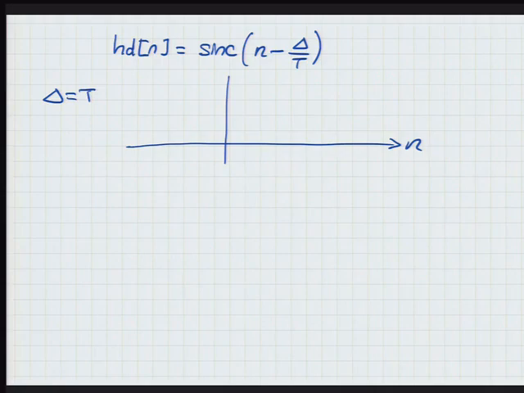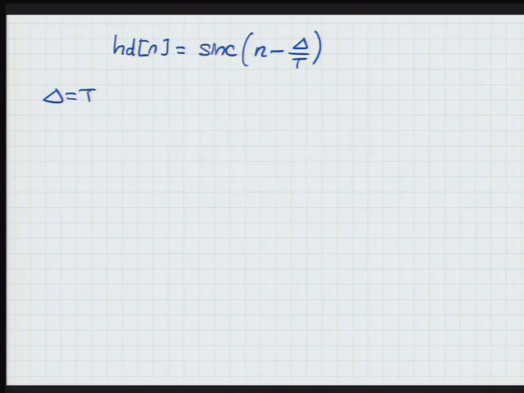It's going to be centered at delta over T, which is 1, and it's going to pass through 0. I'm going to try to do a careful drawing here. How am I doing? Good. All right, does that look like a sinc? All right. I actually did a pretty good job, so I'm going to copy this so I don't lose it.